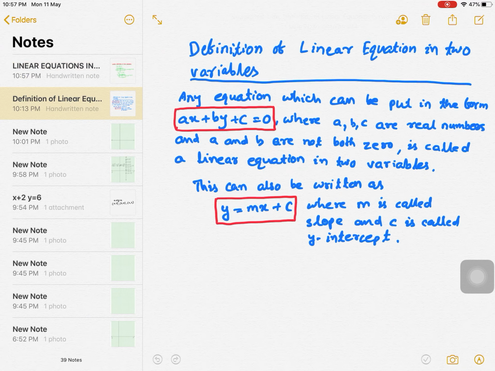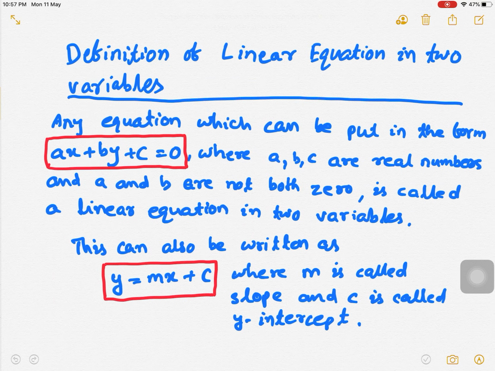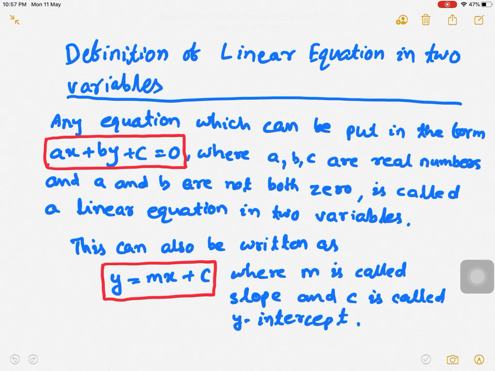Then what is a linear equation? If I define a linear equation, any equation which can be put in the form ax plus by plus c equal to 0, where a, b, c are real numbers and a and b are not both 0, is called a linear equation in two variables.